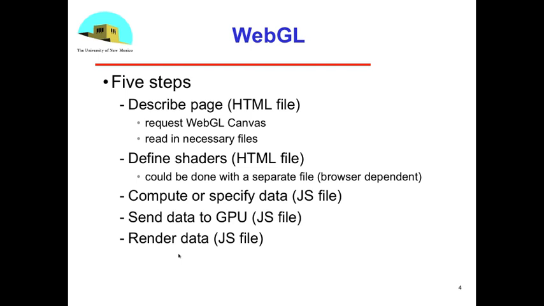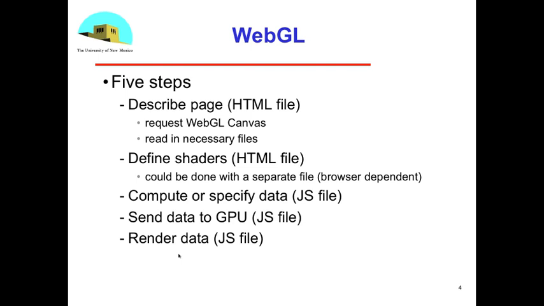Now we said last time what we're going to do is go through 5 steps for developing our applications. We're going to break things up into 2 files, an HTML file and a JavaScript file. The JavaScript file will be read in by the HTML file. The HTML file will be the file that will be loaded when you click on the URL for your project.